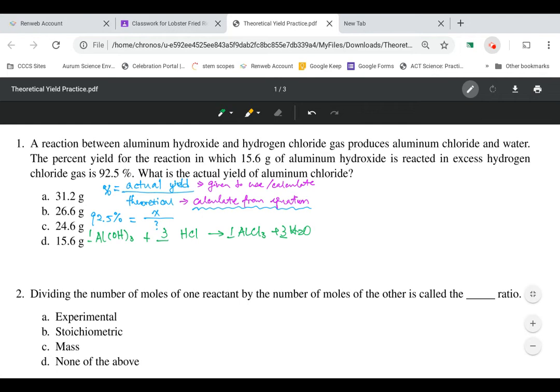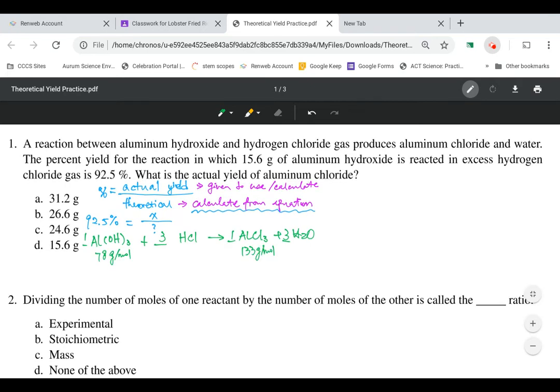And also, in order to find your theoretical yield, let's go ahead and find the molar mass of each compound. Ta-da! We find the molar mass of aluminum hydroxide and aluminum chloride.